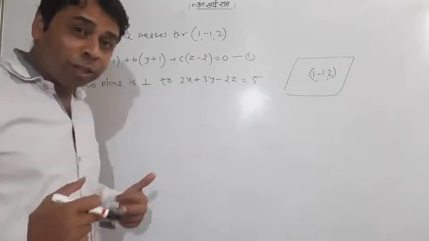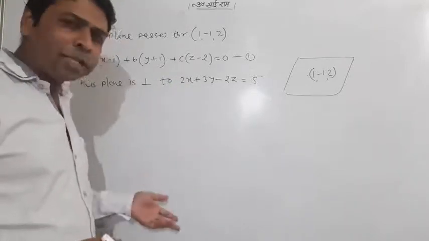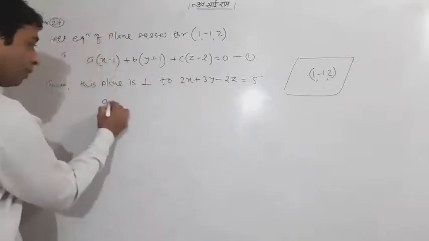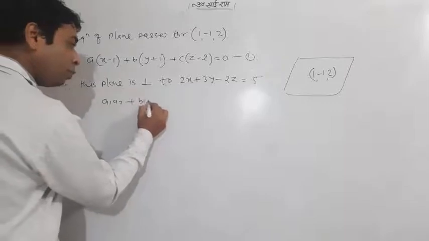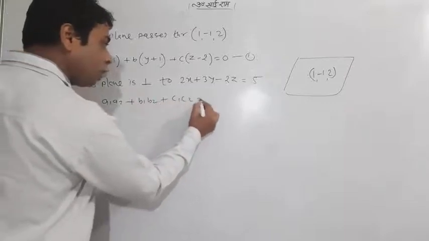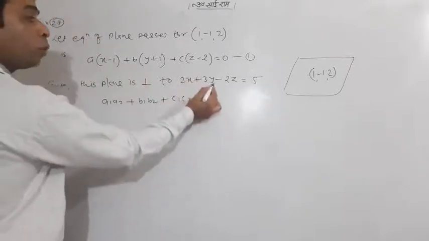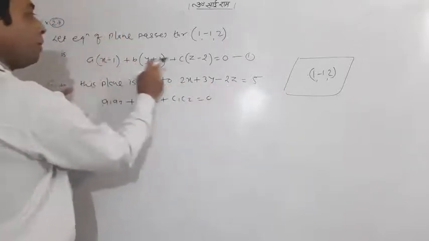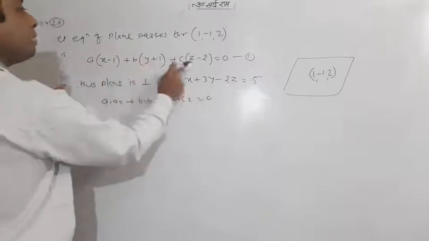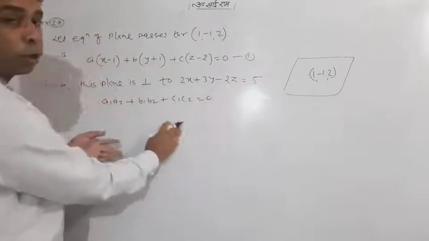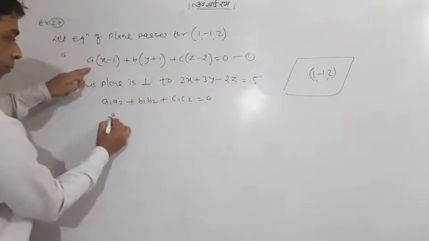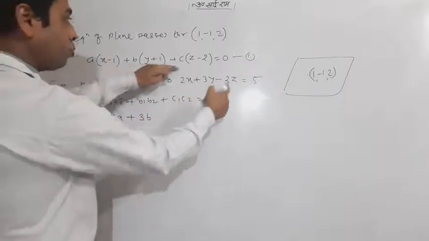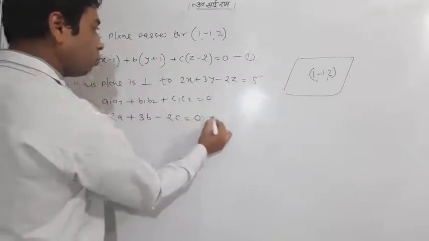Now recall your knowledge, I taught you in the last lecture that when two planes are perpendicular, A1A2 + B1B2 + C1C2 = 0. The ratios of normal 2, 3, -2 are called A1, B1, C1, and the ratios of normal A, B, C are called A2, B2, C2. Put it here: A into 2, 2A; 3 into B, 3B; minus 2 into C, -2C is equal to 0.